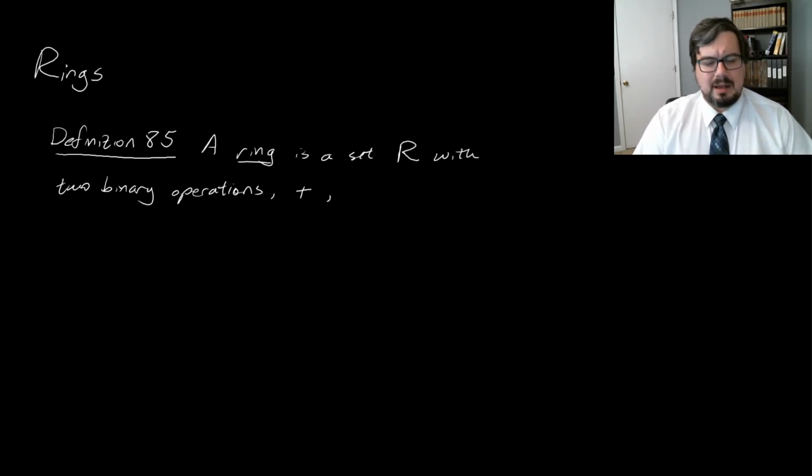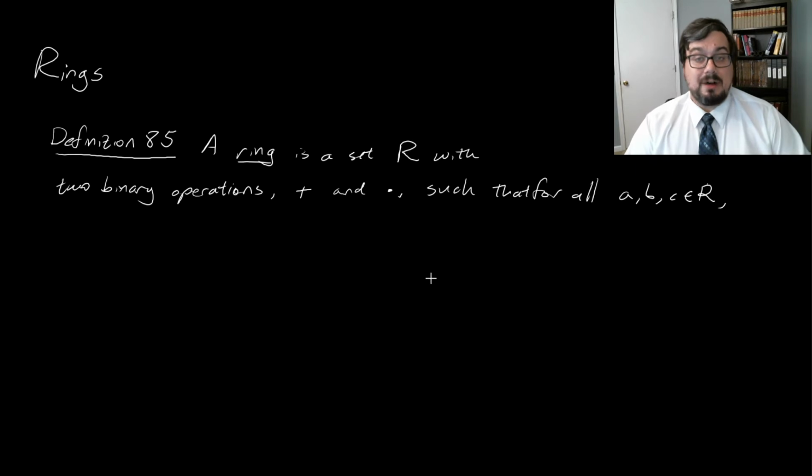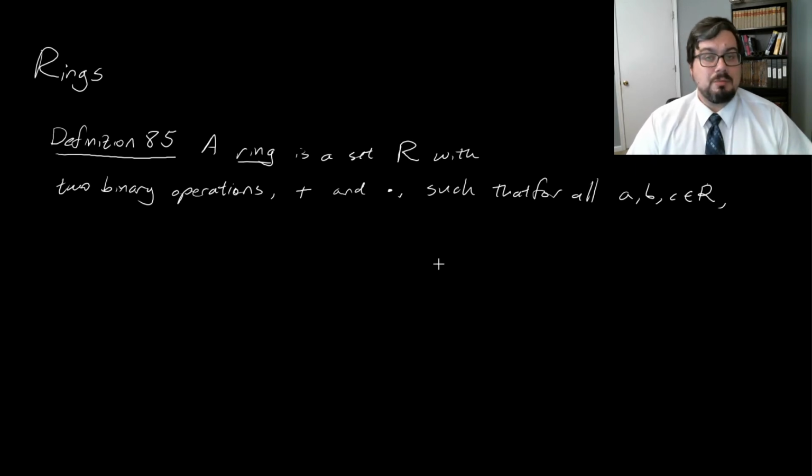Two binary operations, addition and multiplication, such that for all a, b, and c belonging to the ring R, we have the following properties. And just like for groups, we're going to describe properties that the addition operation has to satisfy, properties that the multiplication operation has to satisfy, and we're going to define how the two operations have to interact with one another.